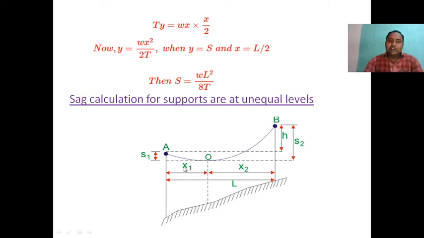From point A to point O the distance is X1. From point O to point B the distance is X2. The total length of span from point A to point B is L. From the figure, L is equal to X1 plus X2.